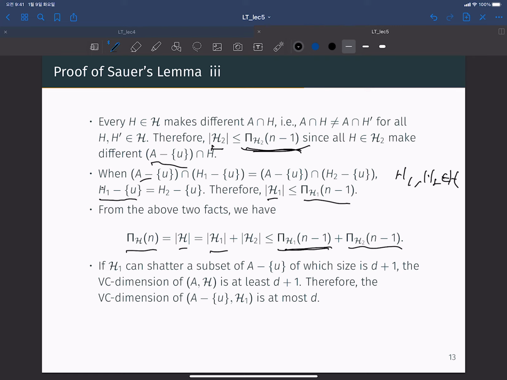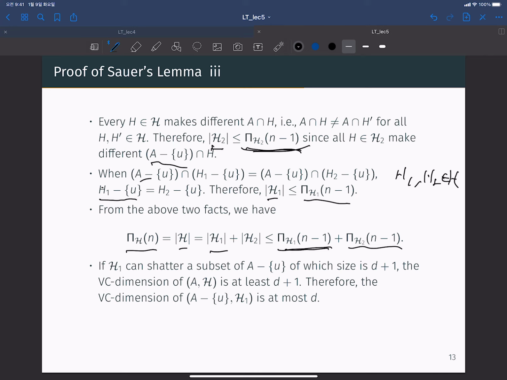Okay. Now let's discuss the VC dimension, under the condition that the original hypothesis set H has VC dimension D. If the original hypothesis set has VC dimension D, then both H1 and H2 have some limitation.